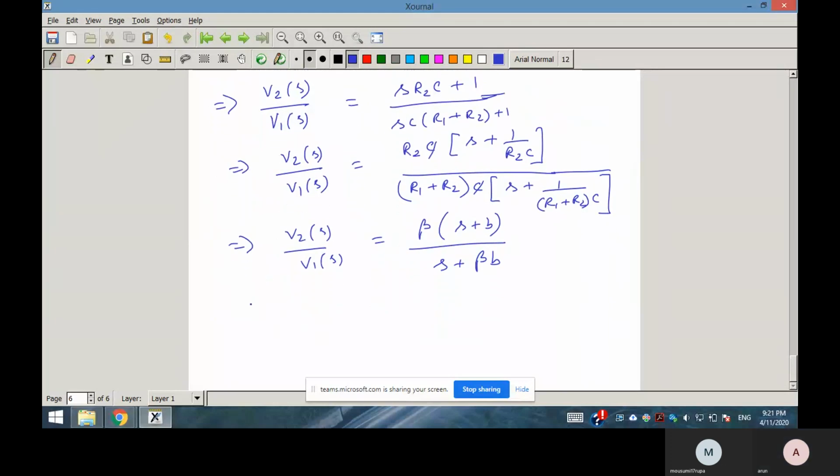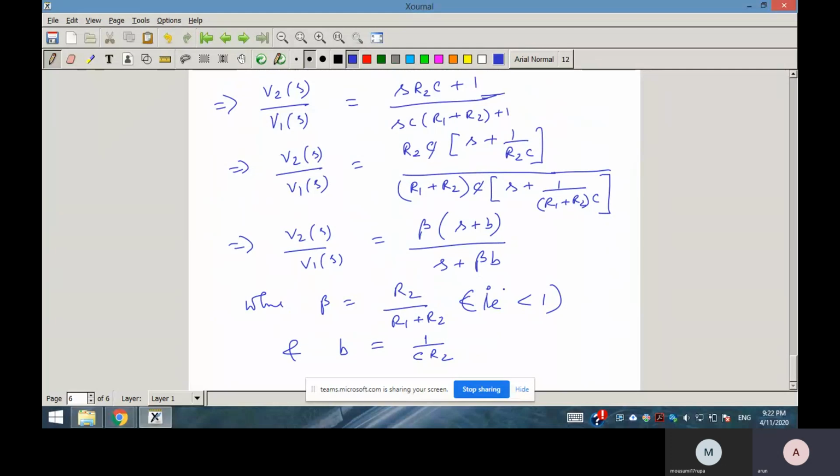Beta is R2 divided by R1 plus R2, which is less than 1 and greater than 0, as expected. And B will be 1 by C into R2.